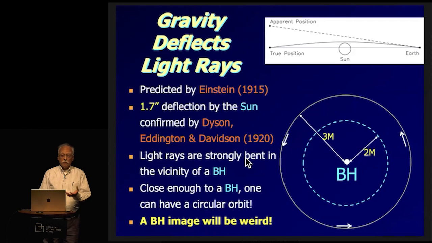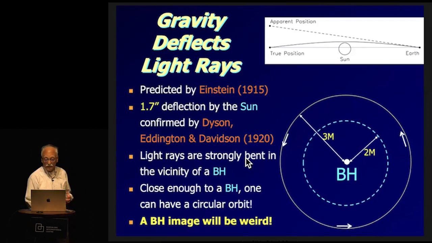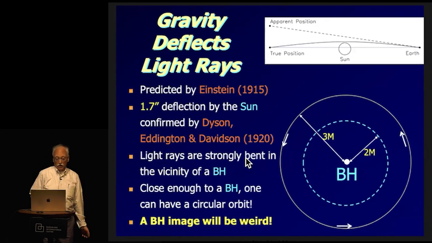So it's a straight line as far as practical purposes are concerned. But when you go close to a black hole, now we are talking about really seriously strong gravity. Then the bending of the beam of light becomes very pronounced.